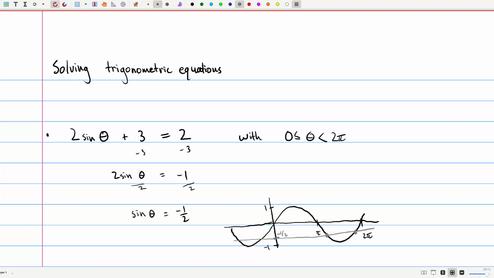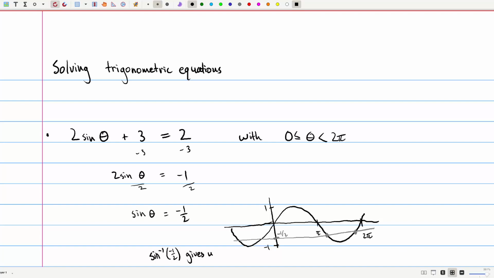So what does inverse sine give us? In the previous video it was arc sine, but the notation we're using in this class is sine inverse. Sine inverse of minus 1/2.